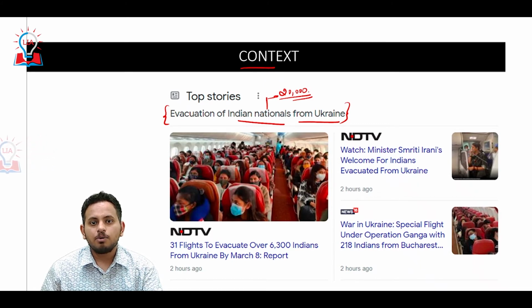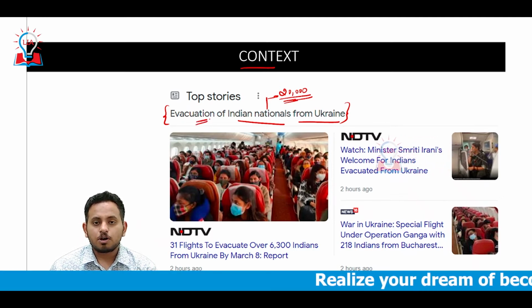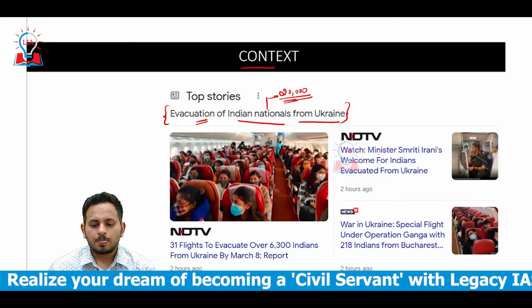They are stranded because Russia is invading Ukraine and the capital city, Kiev, is about to fall into the Russian invasion. Because of that, India is trying to evacuate the budding doctors from Ukraine. This entire process is given the name Operation Ganga.